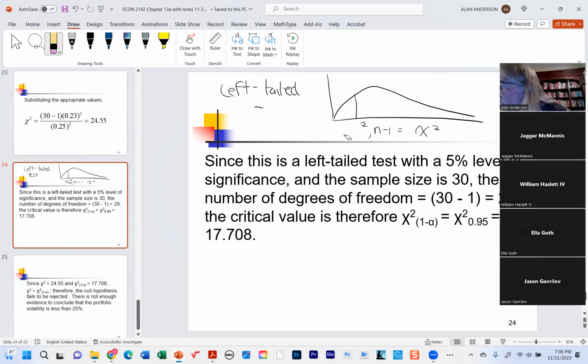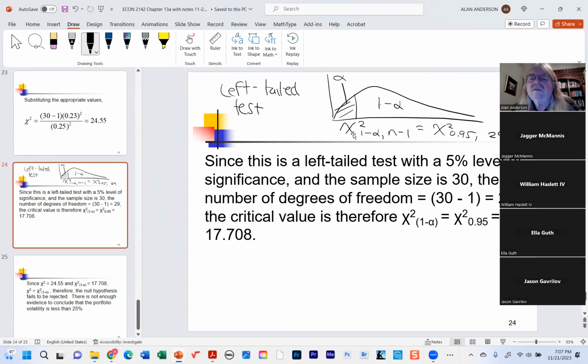This should have been 1 minus alpha because it's in the left tail. Because alpha is going in the left tail, but the table requires us to tell it the right tail, which would be 1 minus alpha in here. So we're going to have 0.95. And n minus 1 is 29 because our sample size was 30.